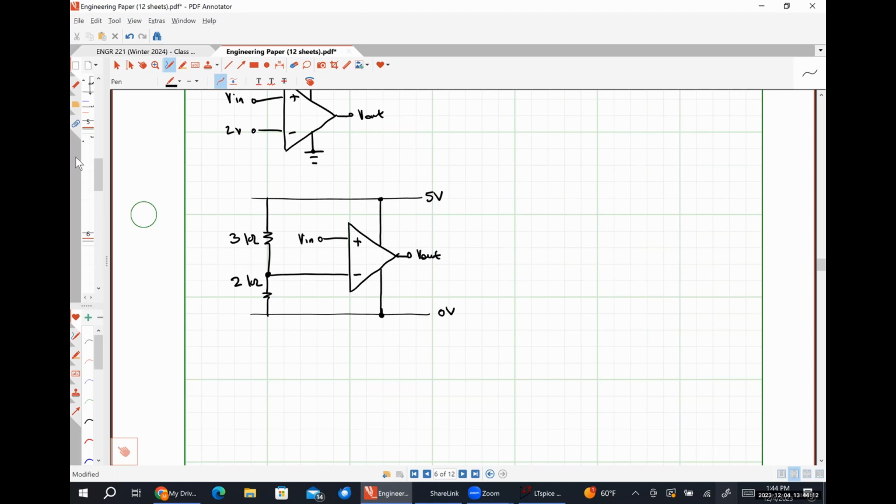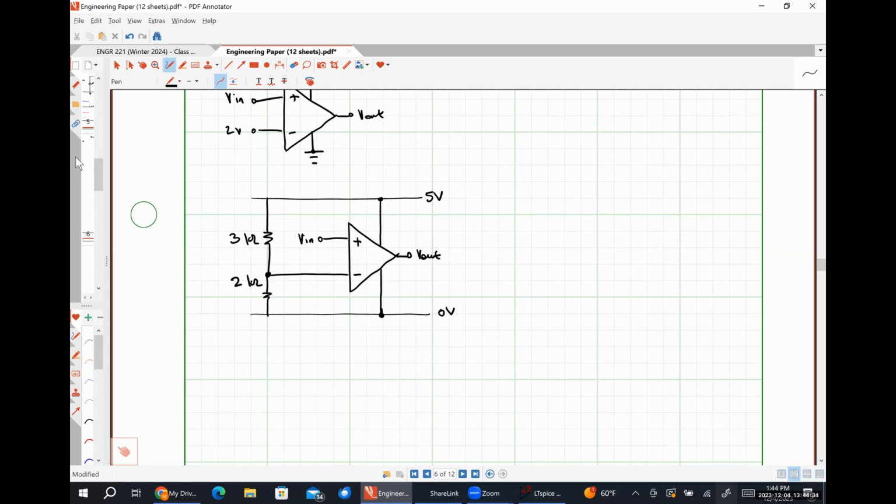Here's the load resistance, here's the output resistance. Okay, here's the plus, here's the minus, right?